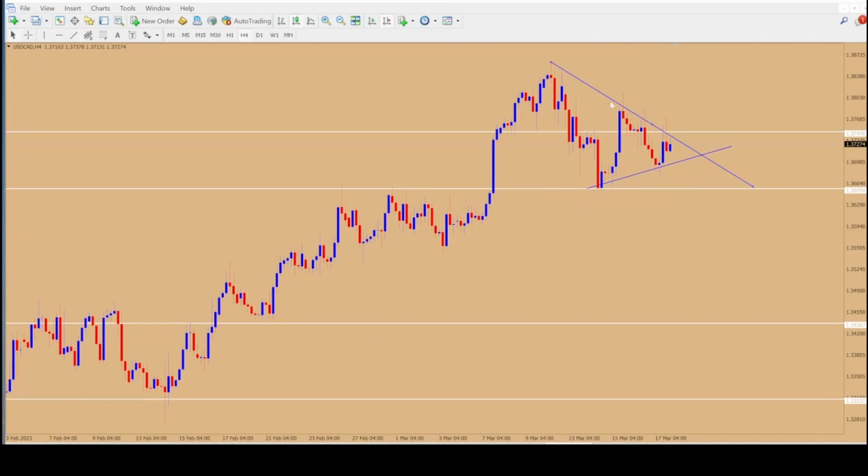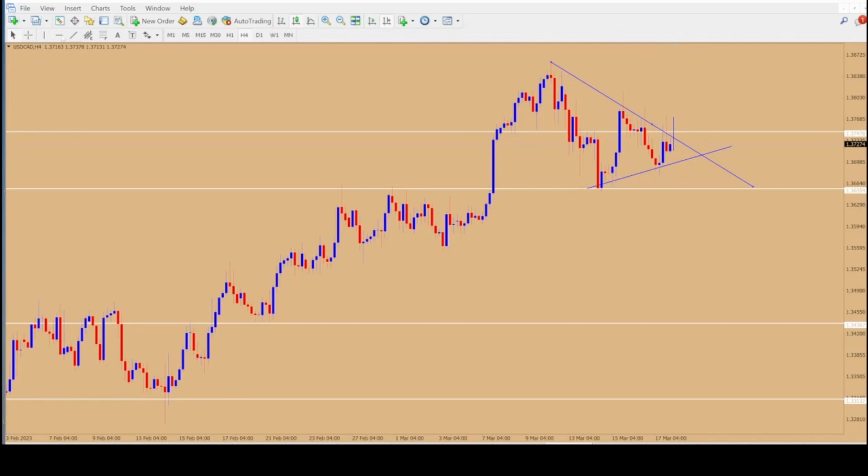So possibly something like this, right? And we might get a close above this area. So I would like to see a close above this pennant and also this significant area of the 1.3747 area. That's double confirmation of a bullish structure above.